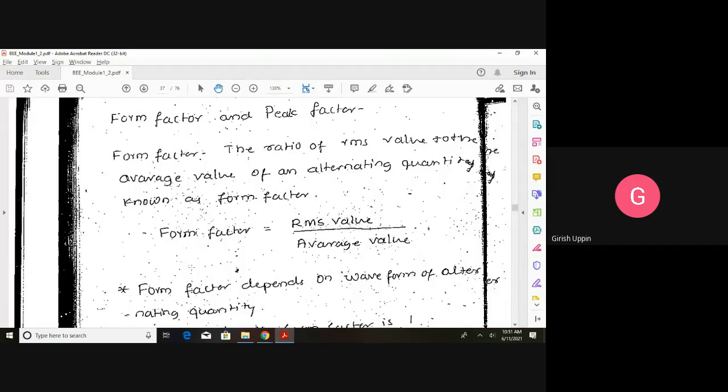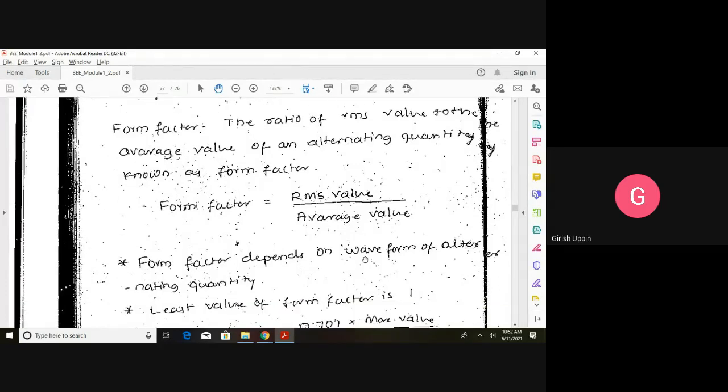For example, if you want to find it for the sinusoidal waveform, we have already found the RMS value and the average value of the sinusoidal waveform. RMS value is given as 0.707 times the peak value or the maximum value, and average value is 0.637 times the peak value or the maximum value.